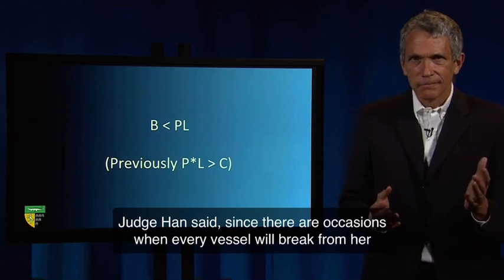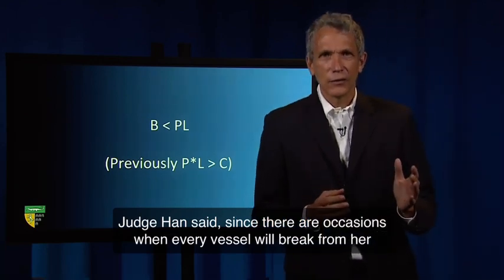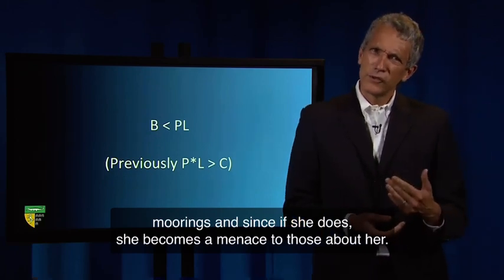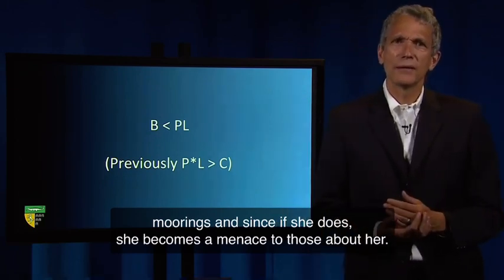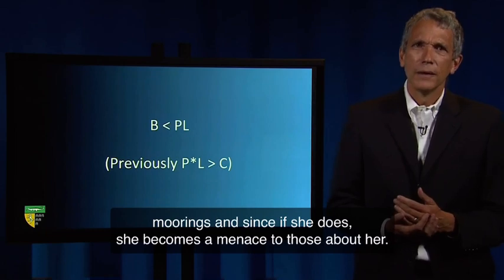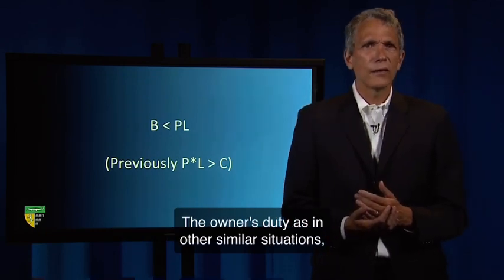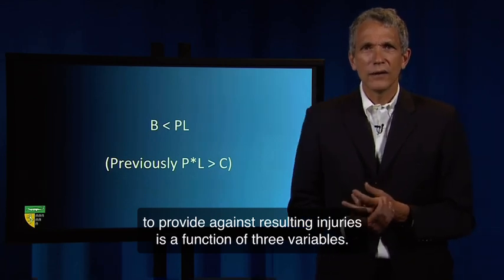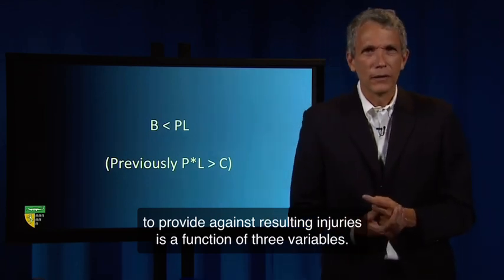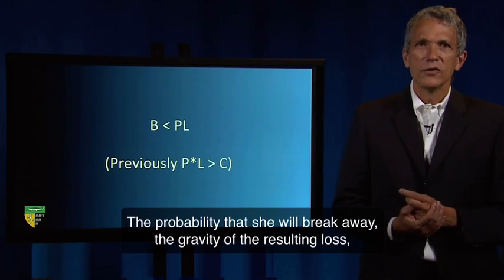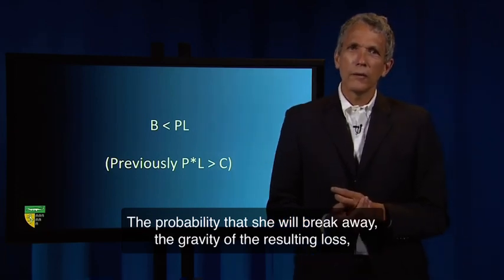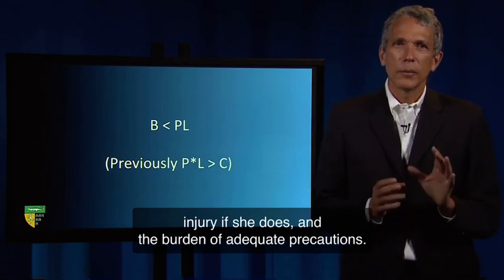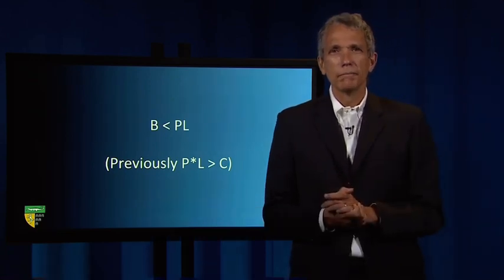Judge Hand said, "Since there are occasions when every vessel will break from her moorings, and since, if she does, she becomes a menace to those about her, the owner's duty, as in other similar situations, to provide against resulting injuries is a function of three variables: the probability that she will break away, the gravity of the resulting injury if she does, and the burden of adequate precautions.